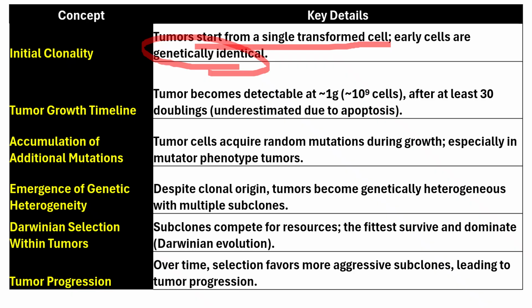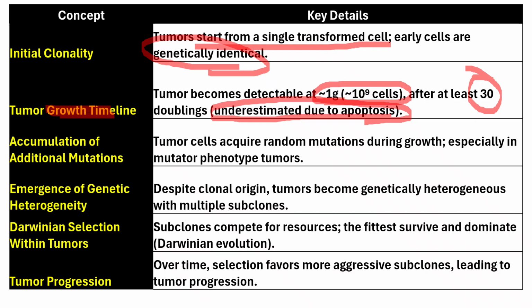Then tumor growth starts, and the tumor becomes clinically detectable after the cell number progresses to about 1 billion or 30 cell doublings. Many cells undergo apoptosis during the growth timeline of the tumor.